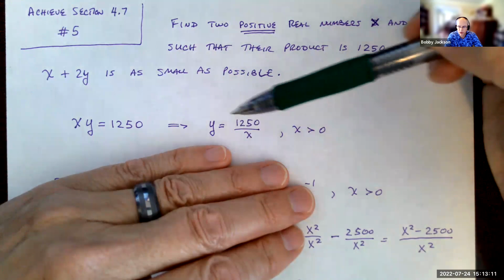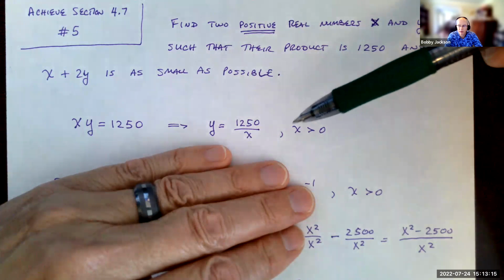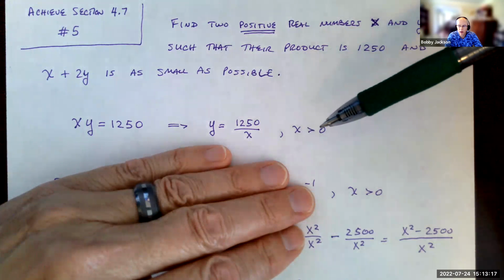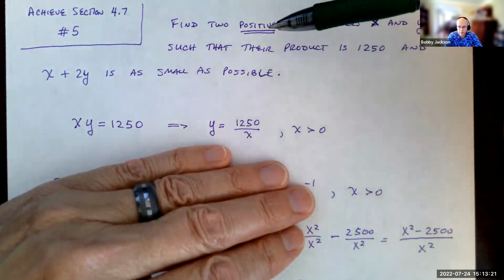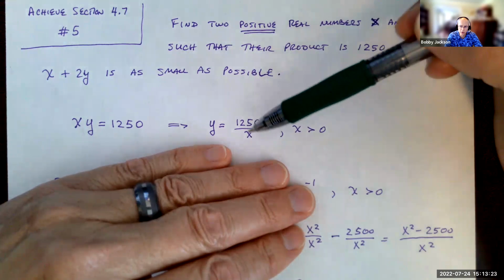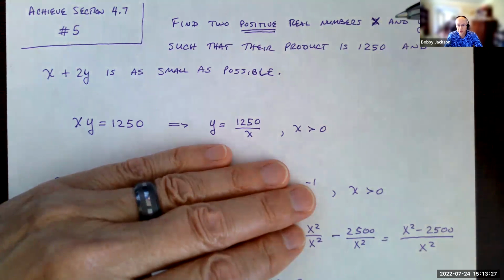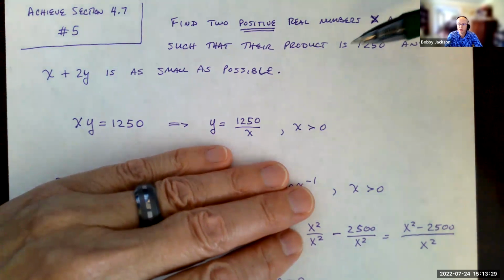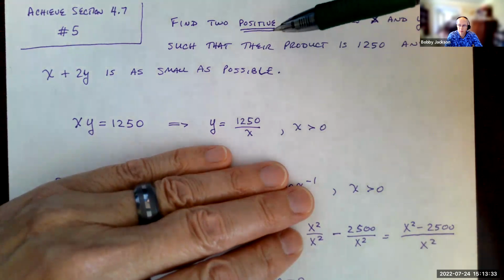In this case, I chose to solve for y by dividing by x, both sides. And of course, this is true as long as x is greater than 0. Again, we're not including negative numbers, right? And we know, of course, x cannot be 0 because the product is 1250, and you can't multiply by 0 and get 1250.